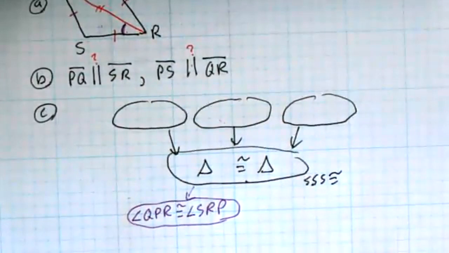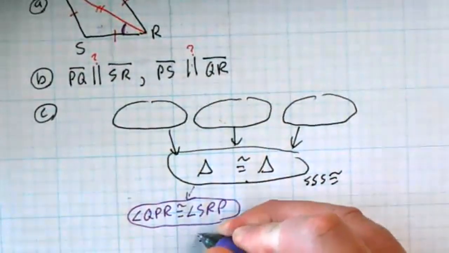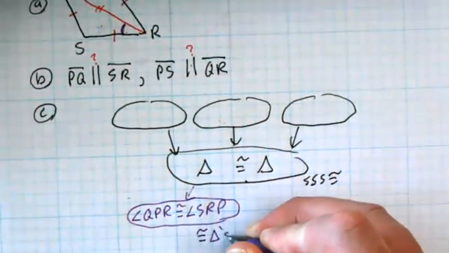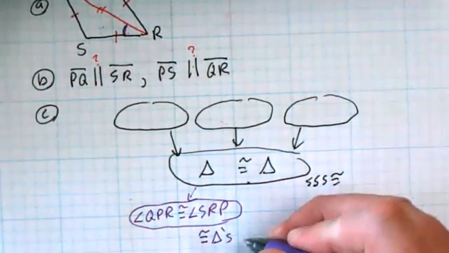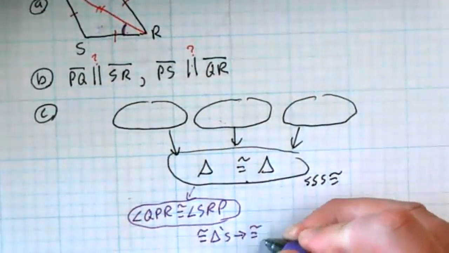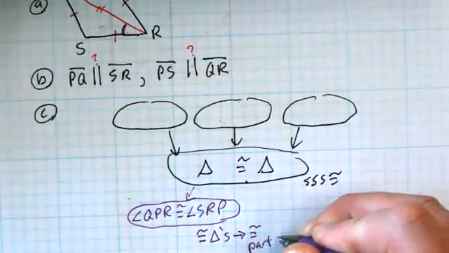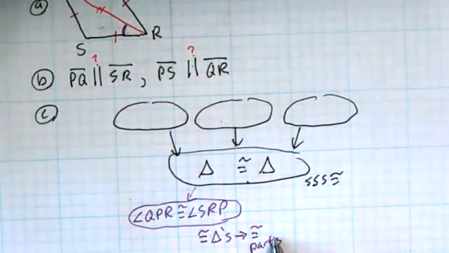The big idea is that if I have congruent triangles, that leads me to congruent parts. So congruent triangles lead to congruent parts. All right, this is our new reason.